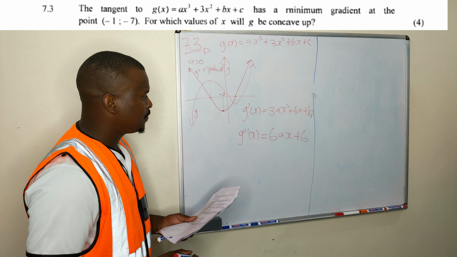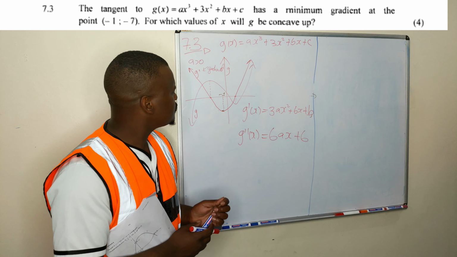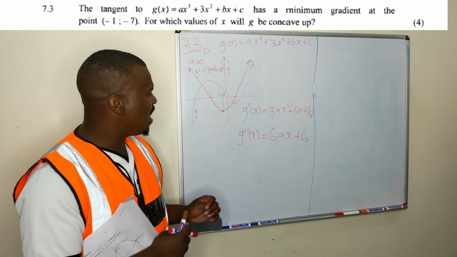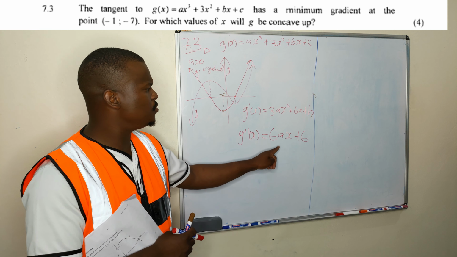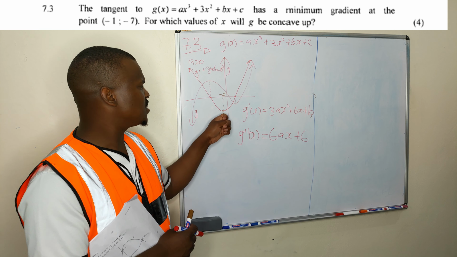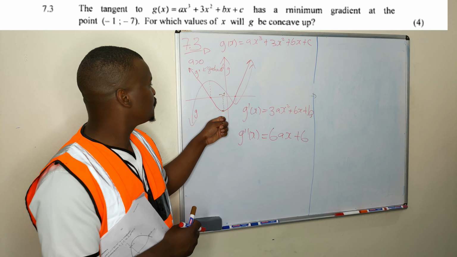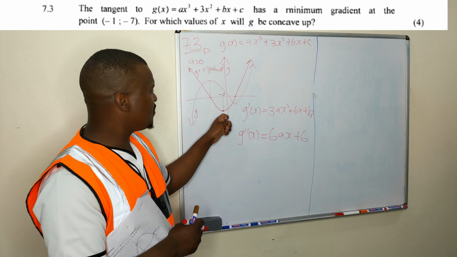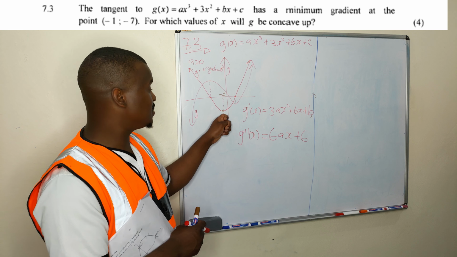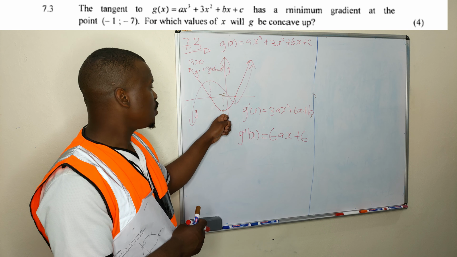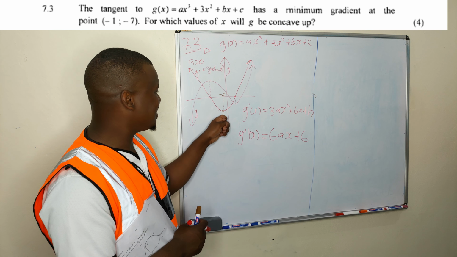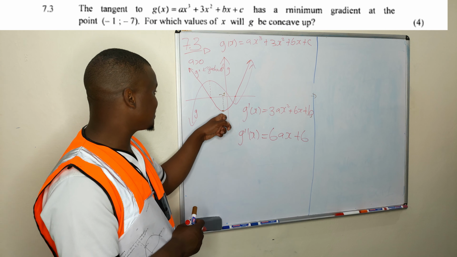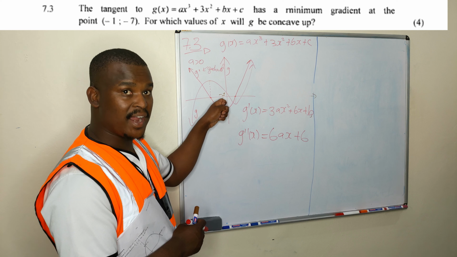And okay, actually you don't even have to be honest, because you didn't even need this, you could have just worked with this from the beginning. So you can see that your minimum gradient is at x is equal to -1.